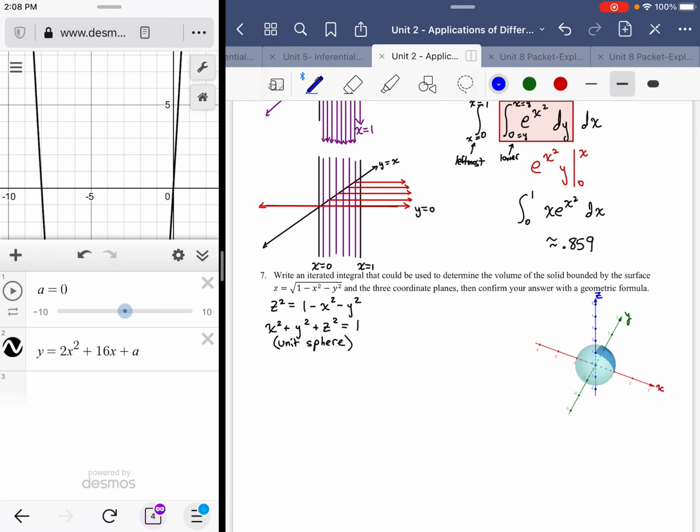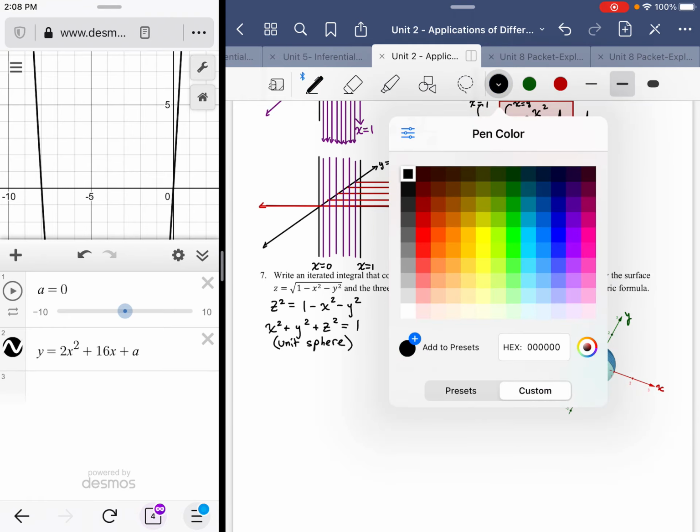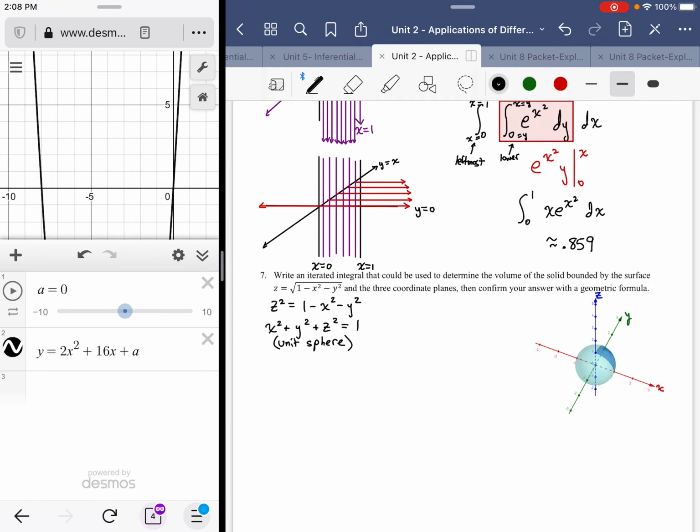All right, what we want to do is use our knowledge of multiple integration to come up with the set of multiple integrals that would do the same thing. We're going to need bounds that define the extent in the x and y direction.